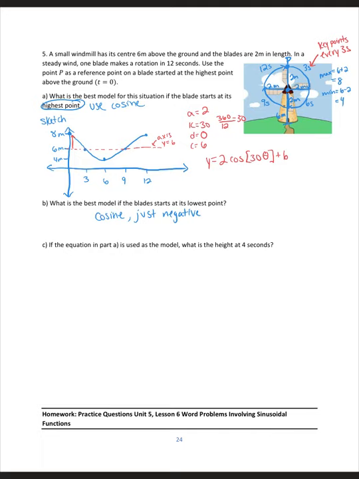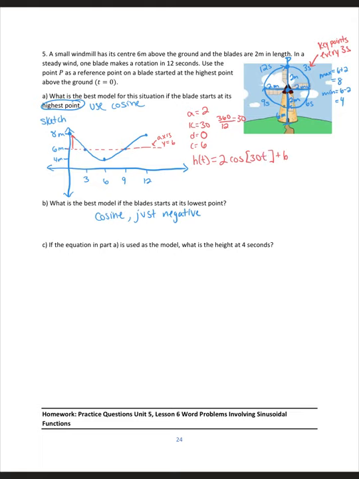And then finally it says, if the equation in part A is used as the model, what is the height at 4 seconds? So remember that we are using height, and actually this would have been better. I'll change this. Let's use our function here to say that it's going to be the height relative to our time, right?